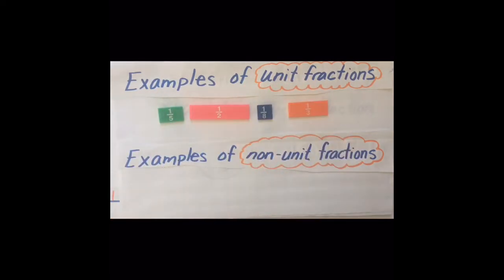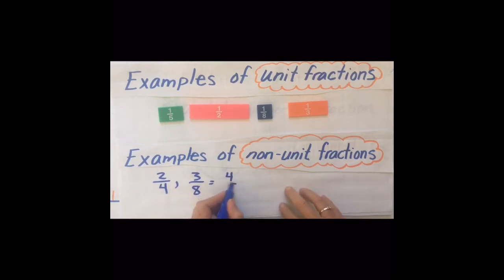Now, usually when we give examples, we want to give non-examples. So an example down here of a non-unit fraction would be a fraction like 2/4 or 3/8 or 4/5.